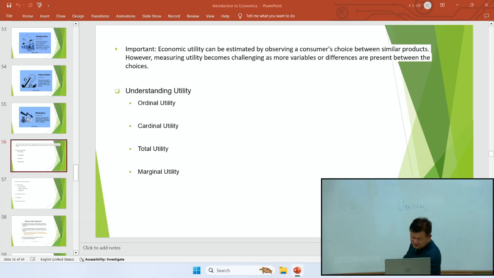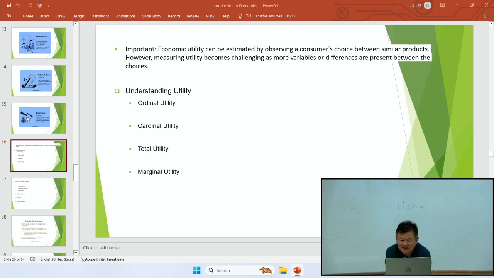To this class. So today we will study utility. You know utility because you have studied economics. Anyway, I continue. The economic utility can be estimated by observing a consumer's choice between similar products. However, measuring utility becomes challenging as more variables or differences are present between the choices.